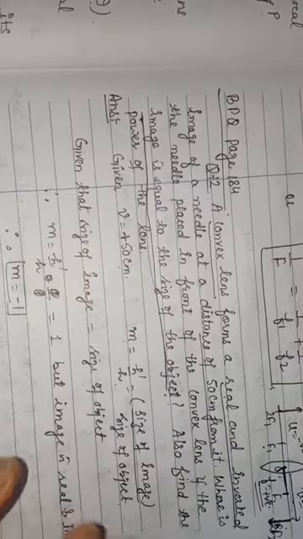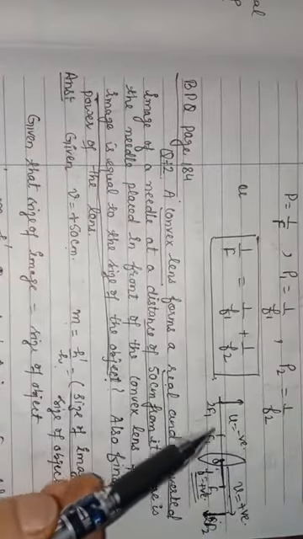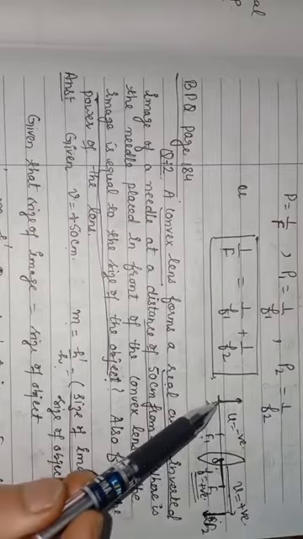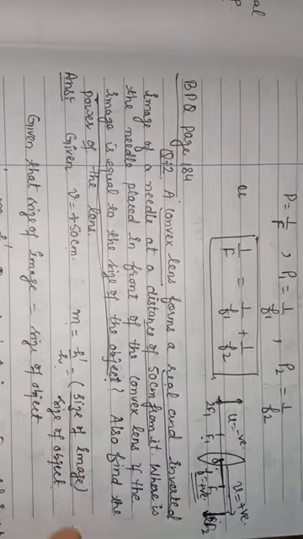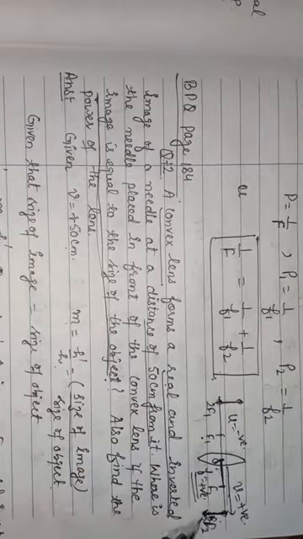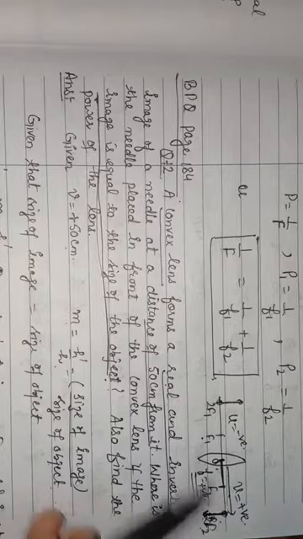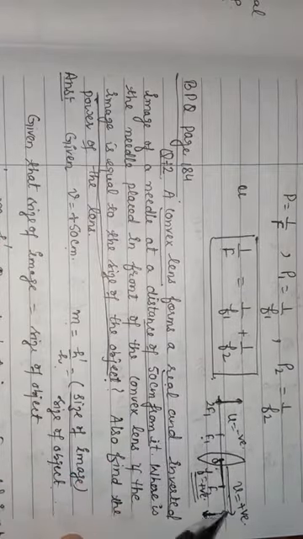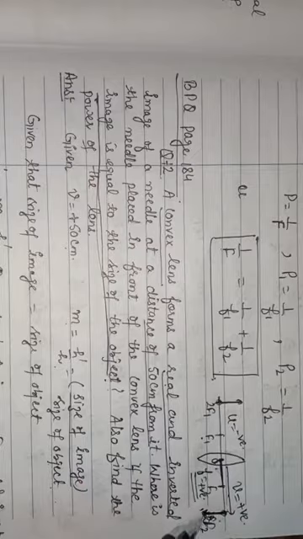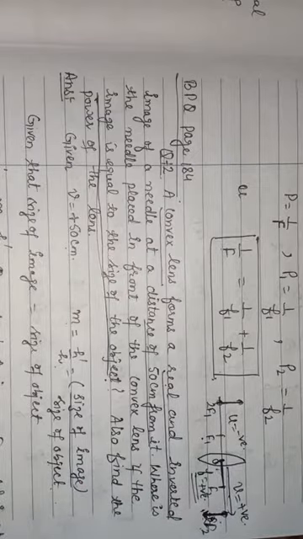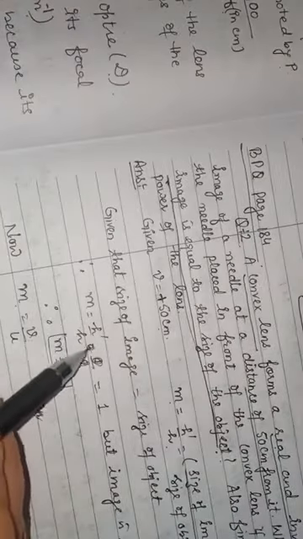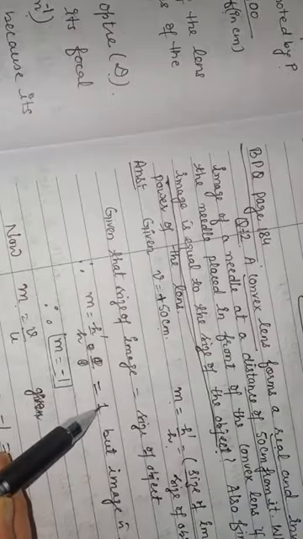This will happen when the object is placed at 2F and the image is also formed at 2F2. At that time, the size of object is equal to size of image.